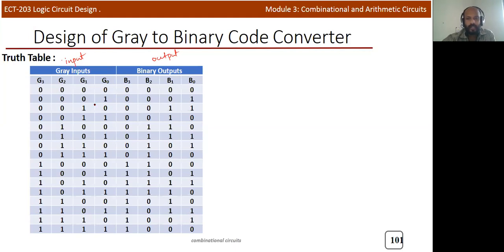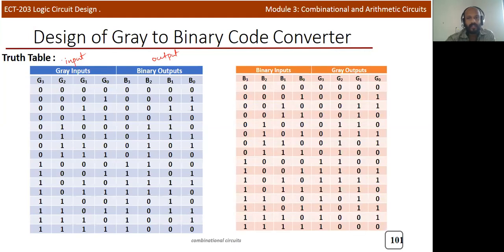This is the previous binary to gray diagram, where binary is written in sequential order with the corresponding gray code. Now we need to write gray code in sequential order. For example, this is the first value.